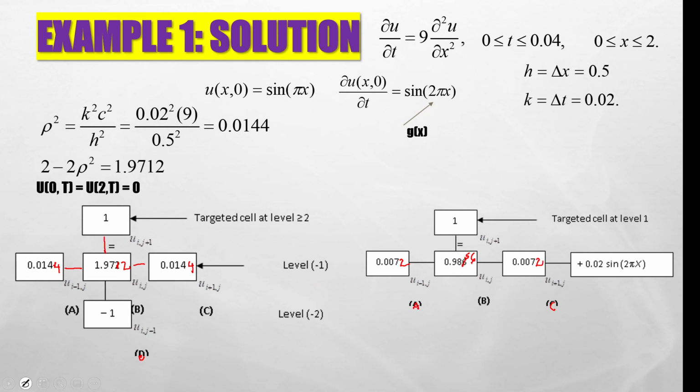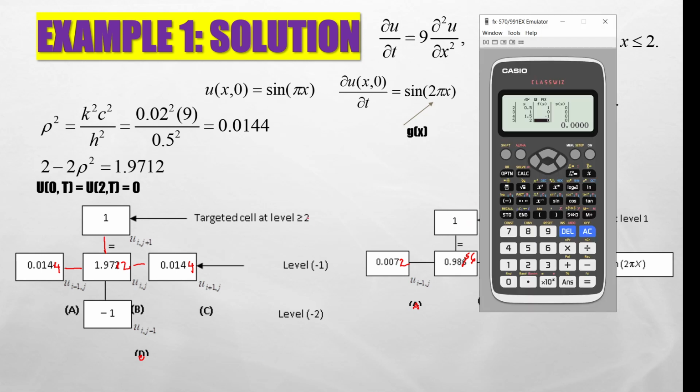So you can put it into your calculator. You target one of the cells at level 1, let's say you target U11, then it's equal to 0.0072 times the left bottom cell plus 0.9856 times the center bottom cell, and add up 0.0072 times the right bottom cell from the cell that you target.